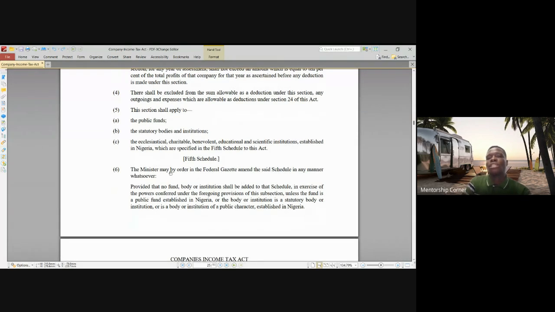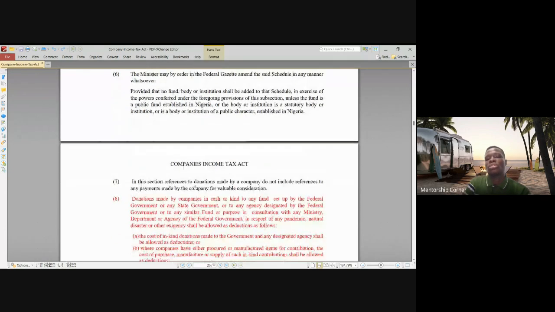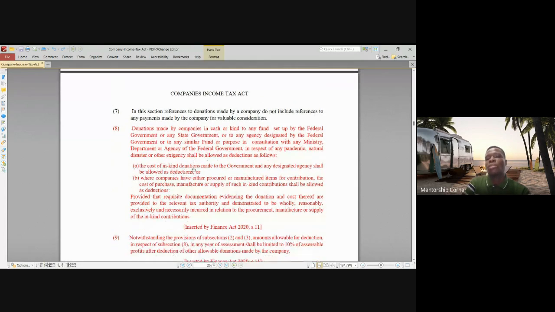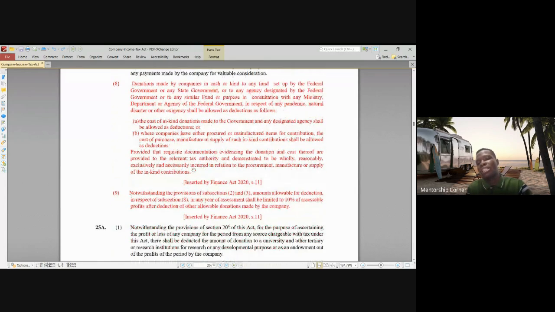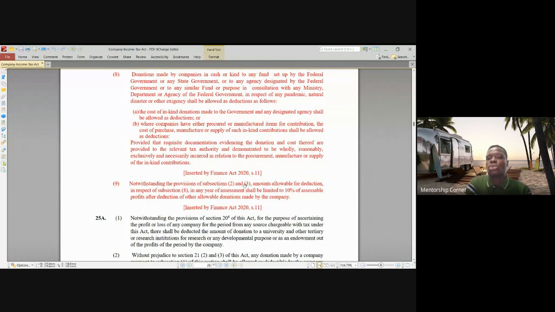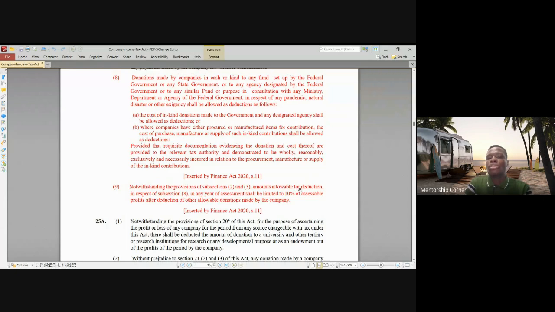Then we have the minister may by order in the Federal Gazette amend the said schedule in any manner whatsoever. So it also further gave us donation made by a company in cash or in kind, set up under the federal government. So these ones are also talking about other donations made to the government, right? Then also talks about the COVID-19 aspect too, as it says under this part, notwithstanding provision of section 2 and 3, amount allowable for deductions in respect of subsection 8.